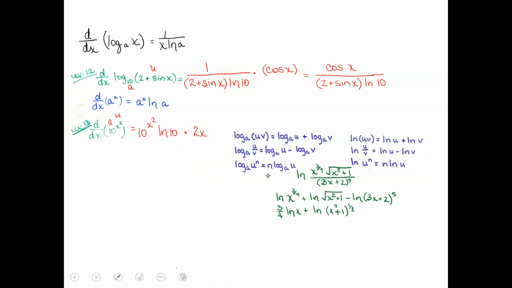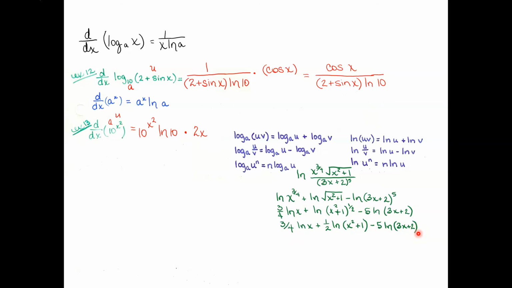I'm just going to rewrite this for right now as x squared plus 1 to the 1/2, and then I'll pull the 1/2 out in front in our next step, just so we don't skip any steps and confuse anybody. And then we'll take this 5 and move it out in front as well. All right, so if we put our 1/2 out in front, that is our expanded form.